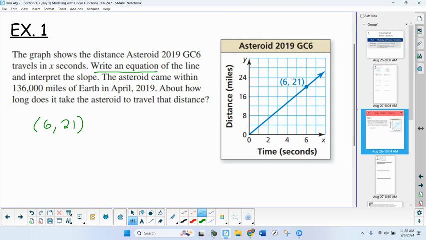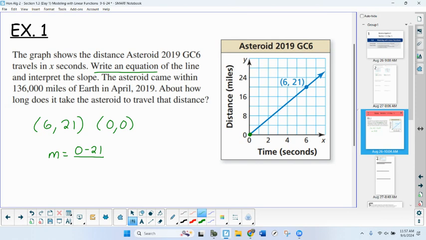Okay, go ahead. (0, 0), right? So (0, 0). Now do what you did last night. Let's write an equation given these 2 points. Now, Caleb, what do we have to find first? Slope, right? Okay, find the slope. How do you find the slope? 0 minus 21 over 0 minus 6.